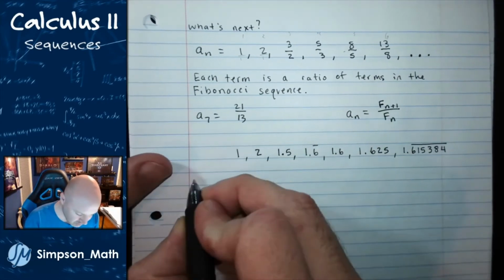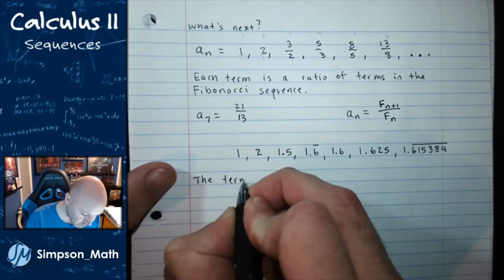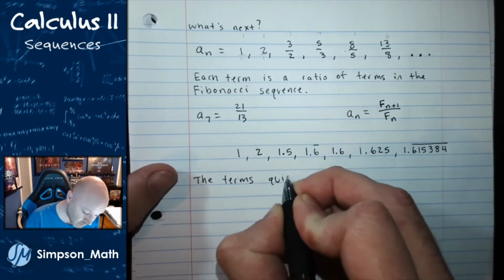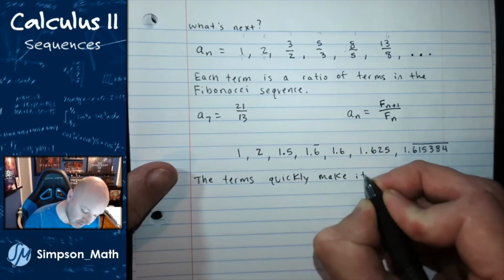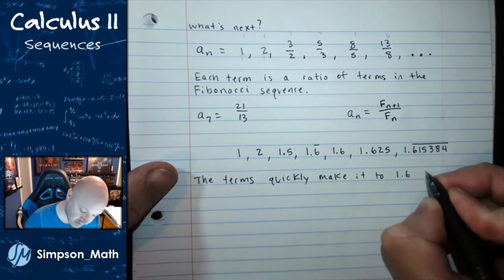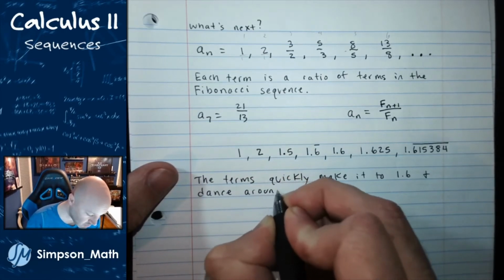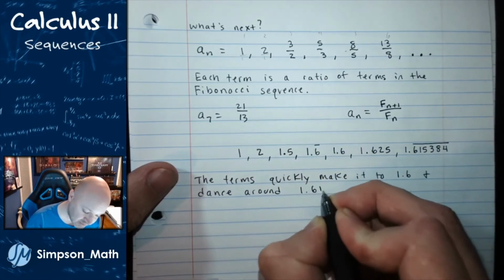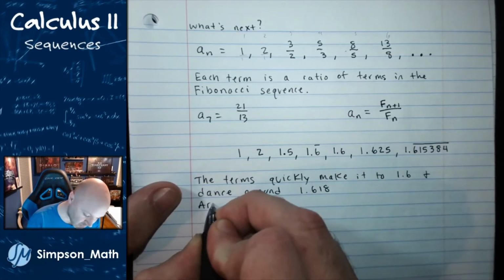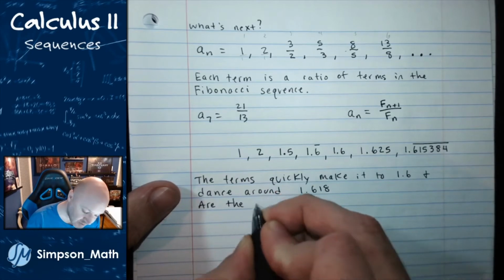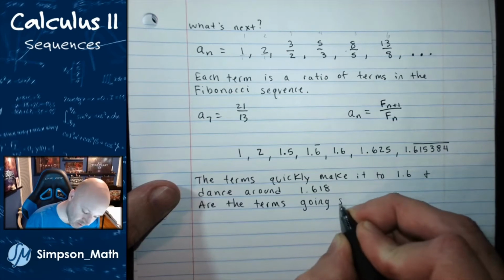All right, I'm just going to put some words here. I say the terms quickly make it to 1.6 and then dance around 1.618, the golden ratio. Are the terms going somewhere?